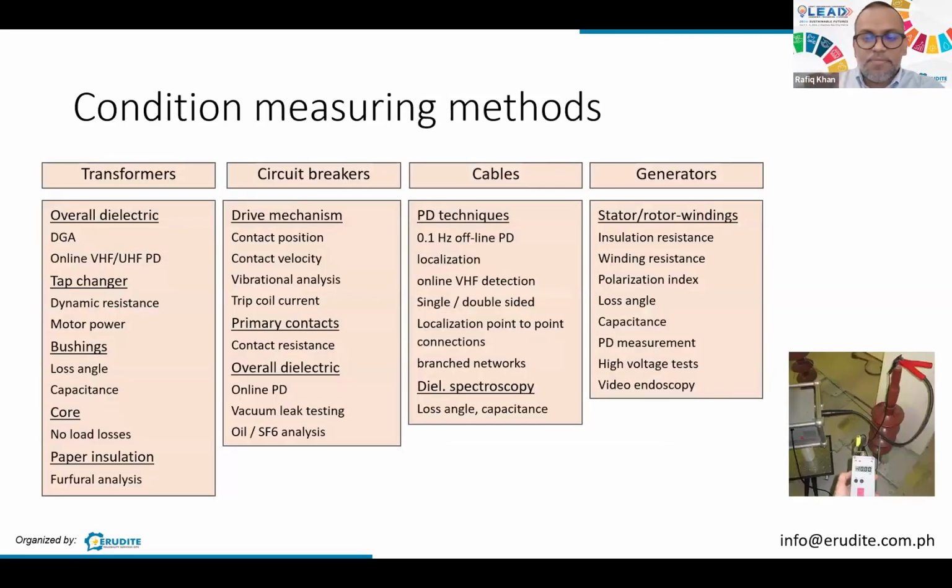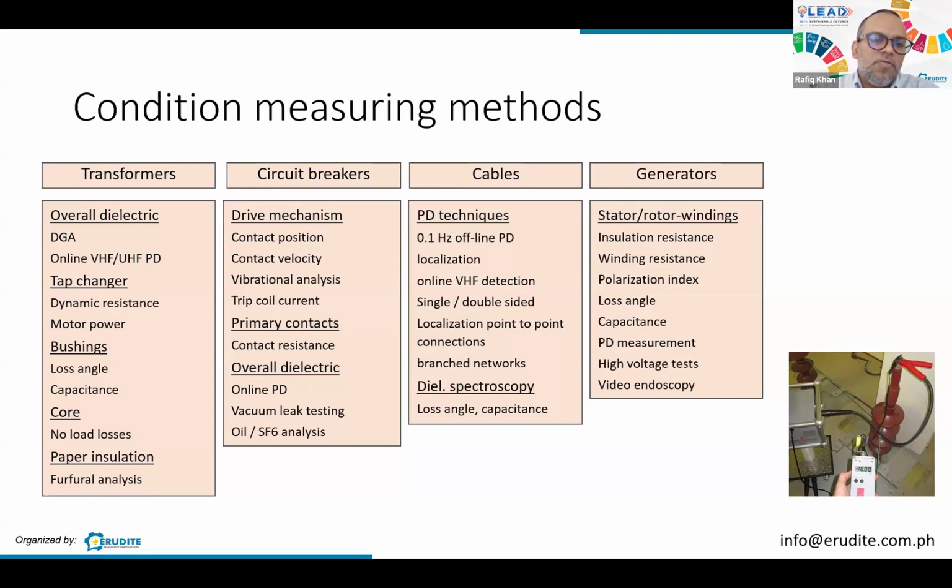So this is a method, maybe not so much for today, but these are some methods for measuring the condition of an asset. It's a very deep subject, but what I'm sharing with you is just a list of tests that can be done for determining the condition of an asset.